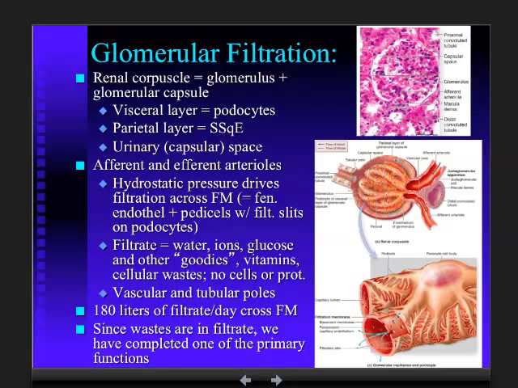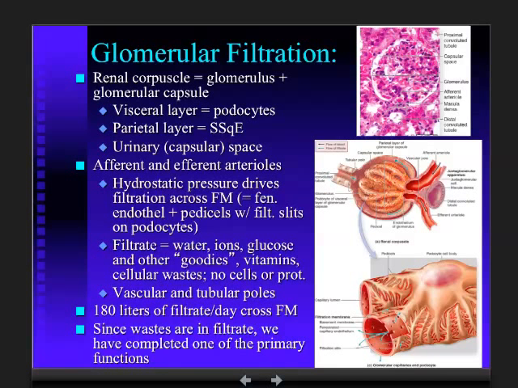Every day, this system pushes 180 liters of plasma across into the tubule. In total, all the tubules. Every day you generate 180 liters of filtrate.